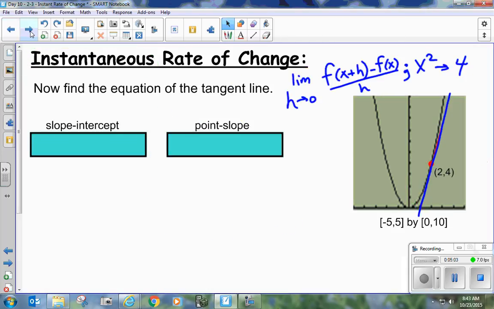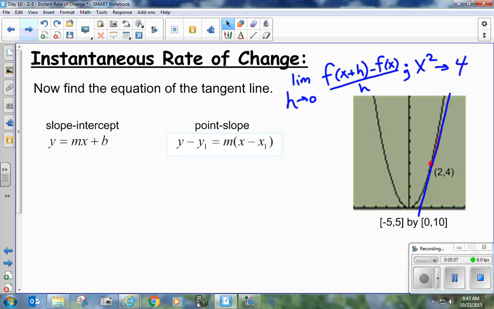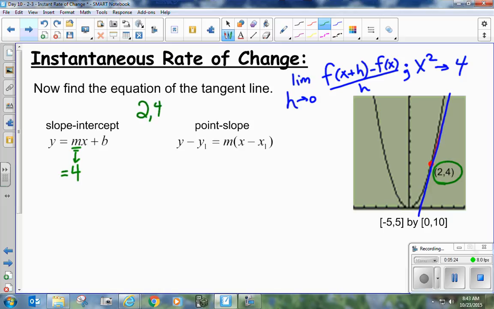So now our slope is 4, and m is our slope, so I'm going to put a 4 here. Also, that's right at the point (2, 4). So I have an x and a y, and my slope is also 4.